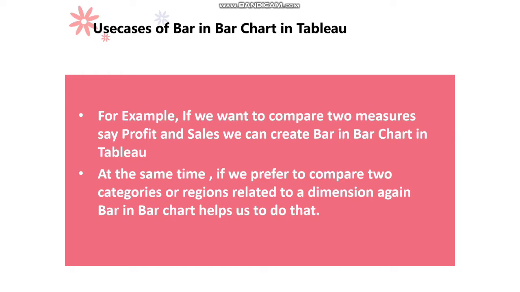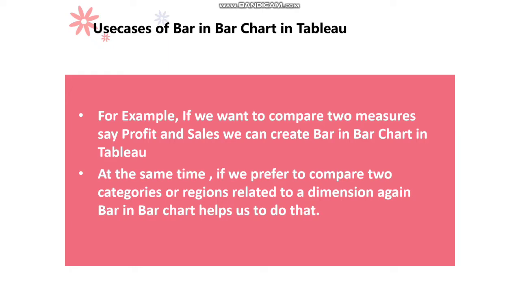I have already created a detailed video on how to use bar in bar chart to compare two measures. I'll provide the link below. And today we are going to discuss how to compare two dimensions, or the values related to a particular dimension, using bar in bar chart in Tableau.